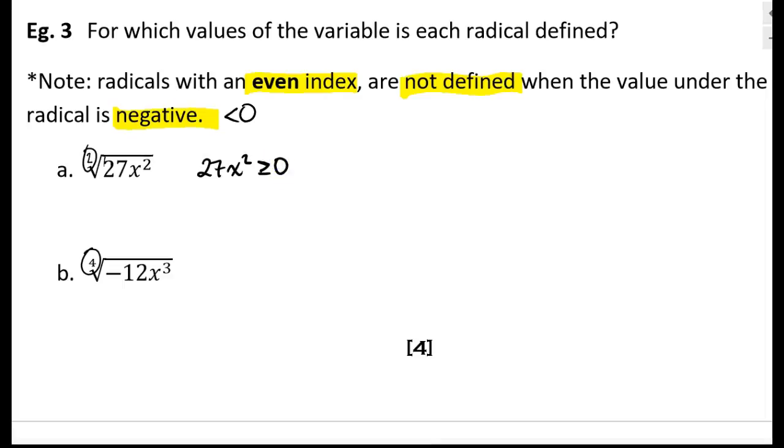Once I've got my inequality written, what I'm going to do is I'm going to try and isolate my variables. So I've got x squared has to be bigger than or equal to 0. And then I can take the square root of both sides. Well, the square root of 0 is still 0, so x has to be bigger than or equal to 0.